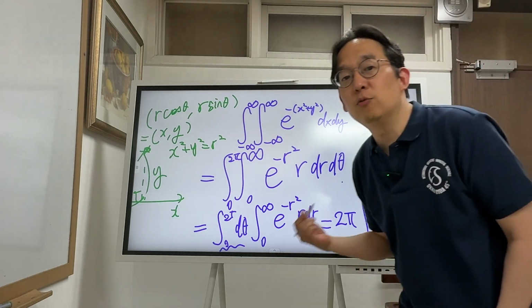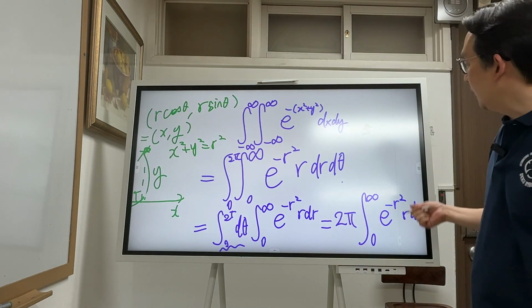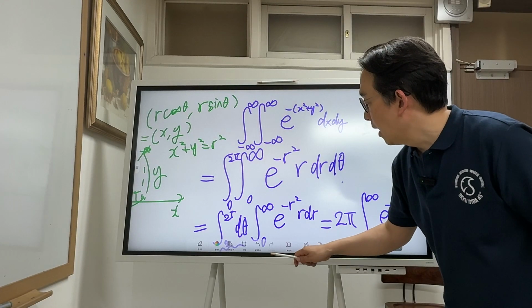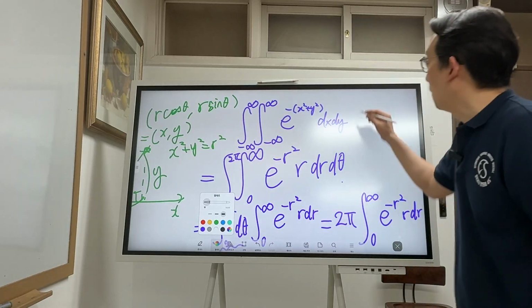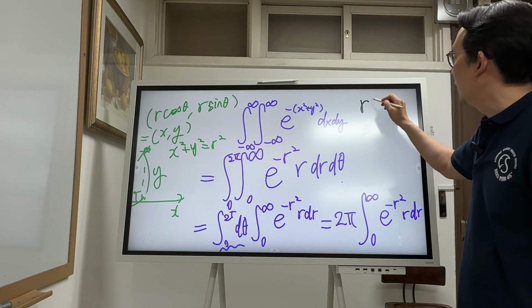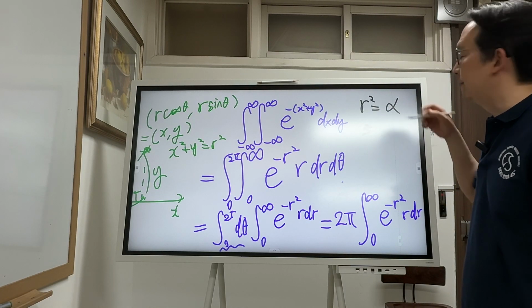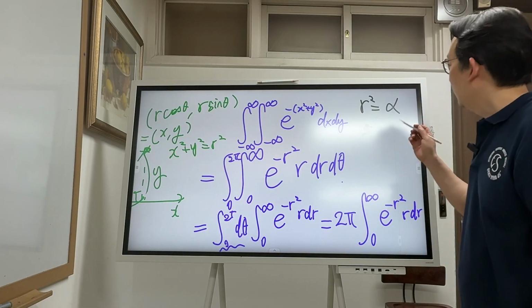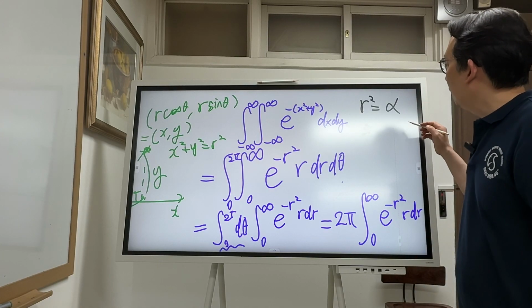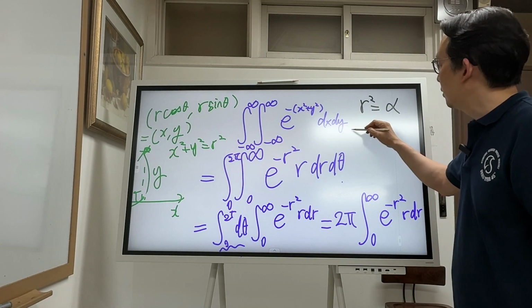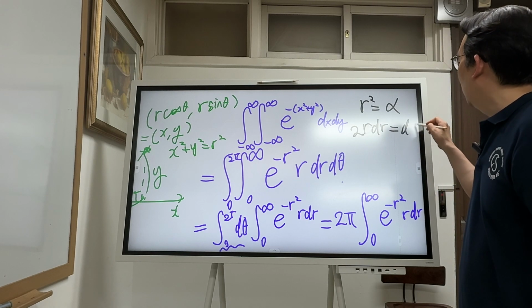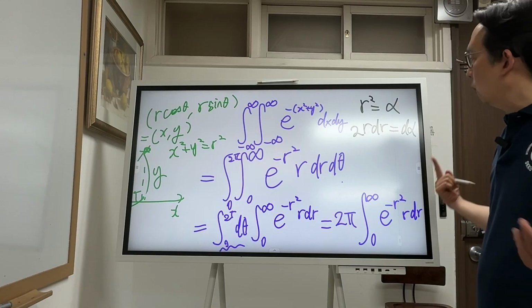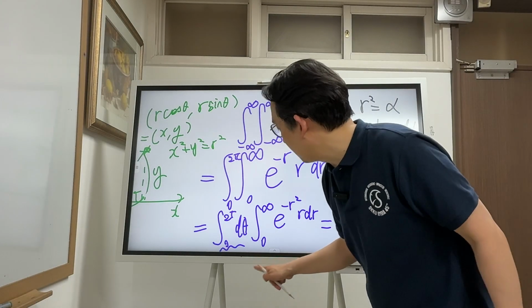Here we do one more trick. Let's call this r squared just alpha. If we take the derivative of both sides, it's going to be 2r dr being equal to d alpha. Wait a minute, how did you do that?